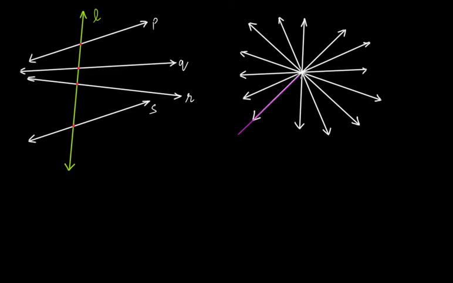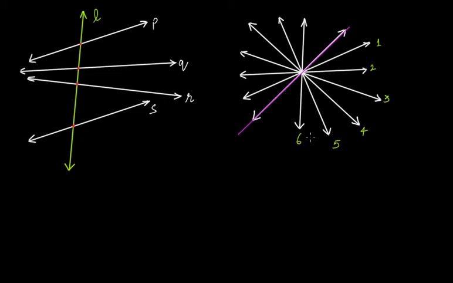If this is one line, then it is intersecting all the other lines, like this is line 1, line 2, line 3, line 4, and line 5. So these 5 lines are being intersected, and line 6.